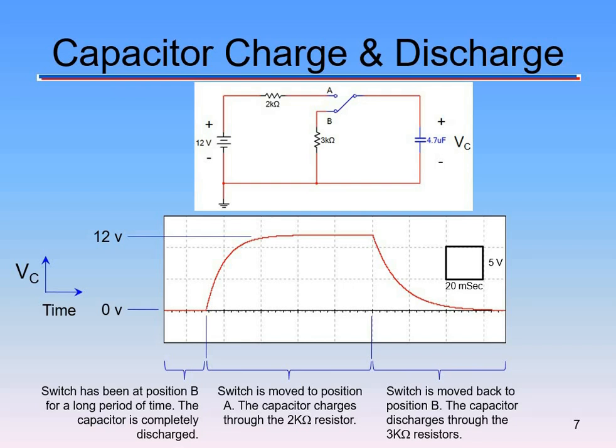A long time to a capacitor is in milliseconds and microseconds. That's what we're considering a long time. A long time is like a millisecond to a capacitor. So we've just got to get a frame of reference of what a long time really means.